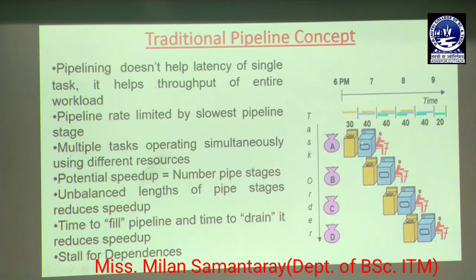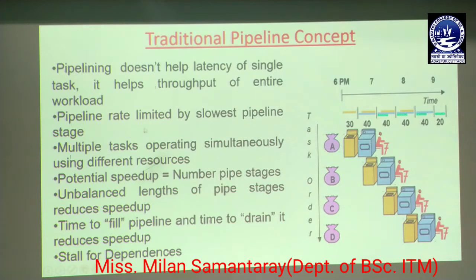But when we do these operations for multiple loads, the time will be different. For a single task the time is the same, but for the entire workload, the 4 loads, the execution decreases to 3.5 hours. For a single load, the time is the same, 1.5 hours.